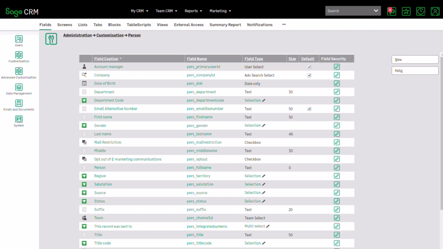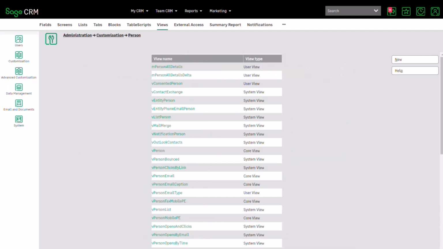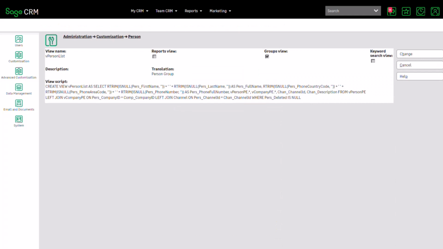I can change aspects of the fields. They will automatically change within the screens. Importantly, I can look at the details of views and understand. A lot of what we'll be doing in the next 2 lessons is understanding the importance of views and how views just about underlie everything in how the interface is built.